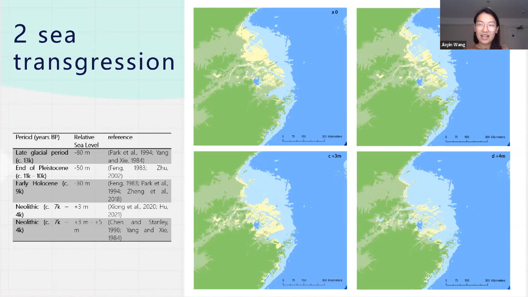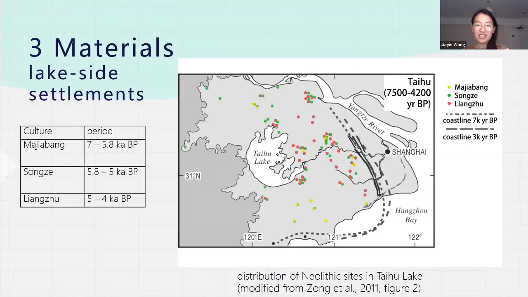the archaeological cultures in the time range from 7,000 to 4,000 BP showed significantly different settlement patterns. Here we can see the map of the three continuous archaeological cultures in this region.